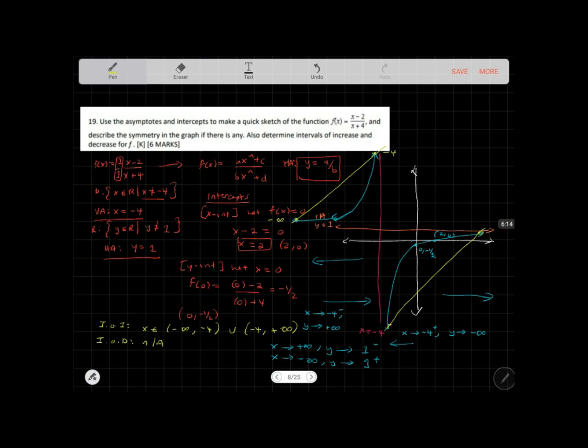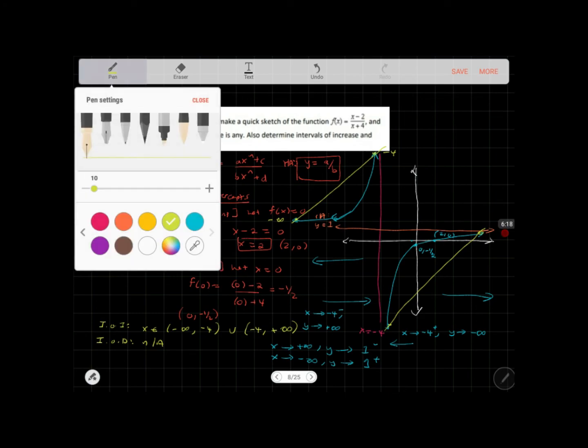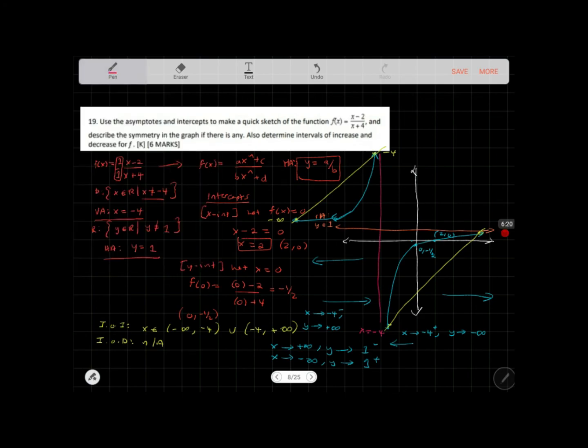If we want to describe symmetry, we can also do the test. I want to test to see if this is an odd function. We know this wouldn't be an even function because there is no line of symmetry along the y-axis. So what I'm going to do here is f of negative x. If this is equal to negative f of x, this implies that we have an odd function.